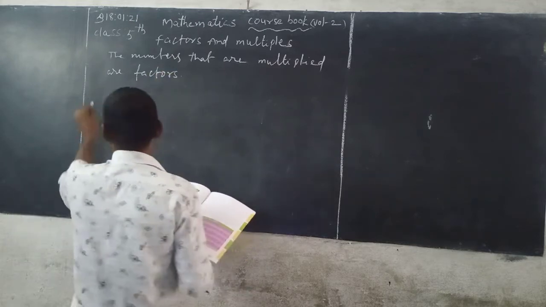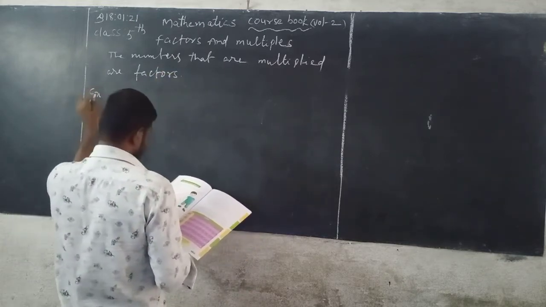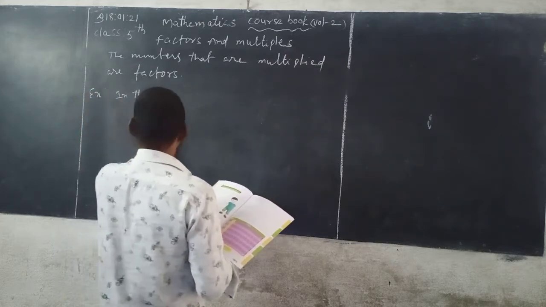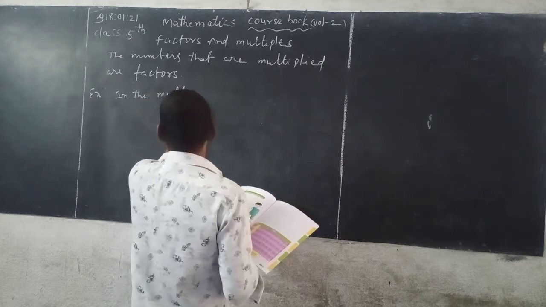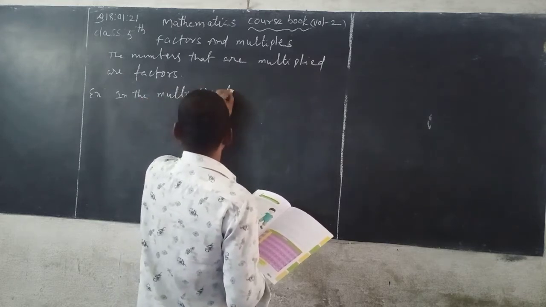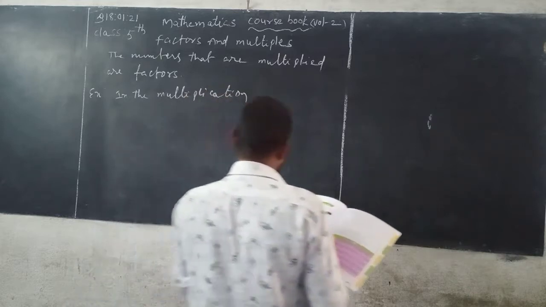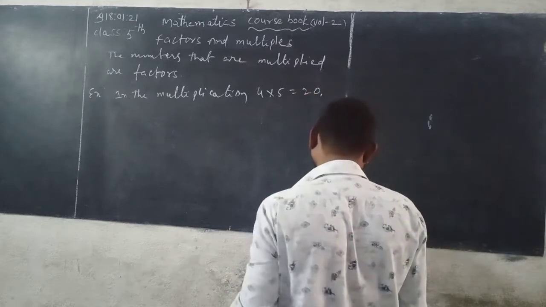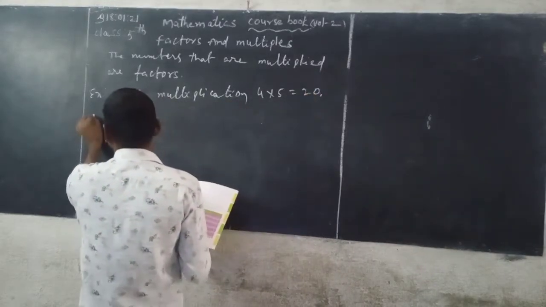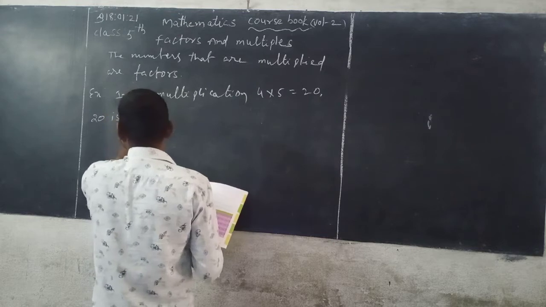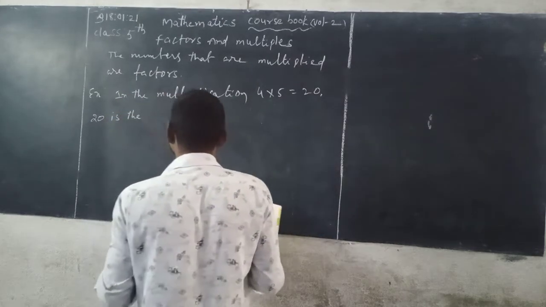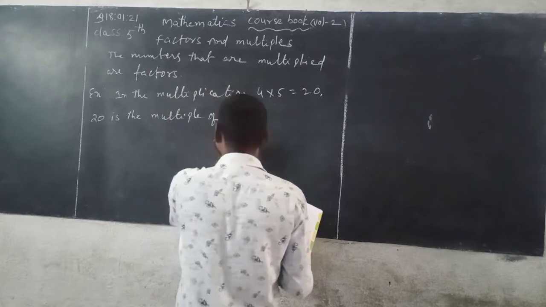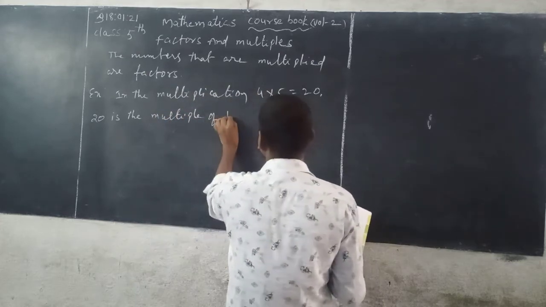For example, in the multiplication, 4 5s are 20. 20 is the multiple of 4 and 5, beta.